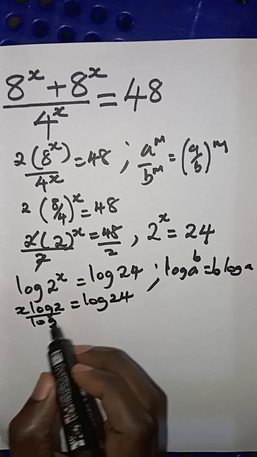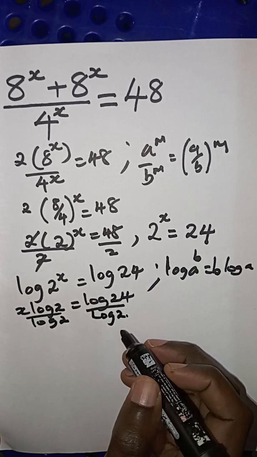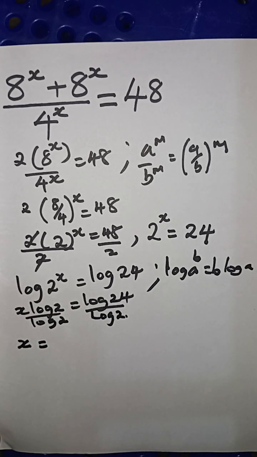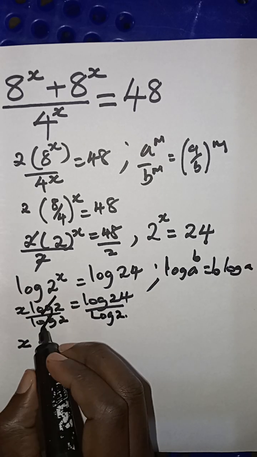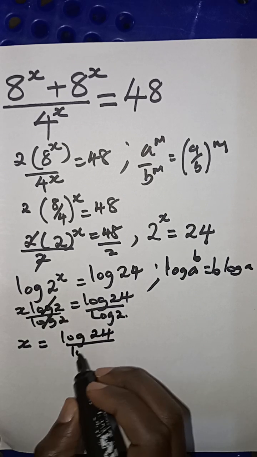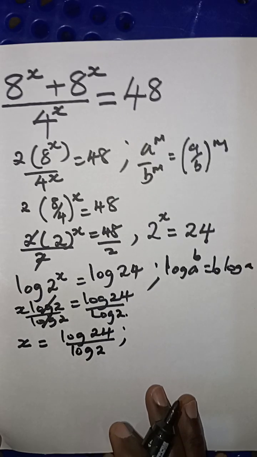Then I'm going to divide by the log of 2, so that my answer for the value of x becomes the log of 24 divided by the log of 2, which I can go further and simplify.